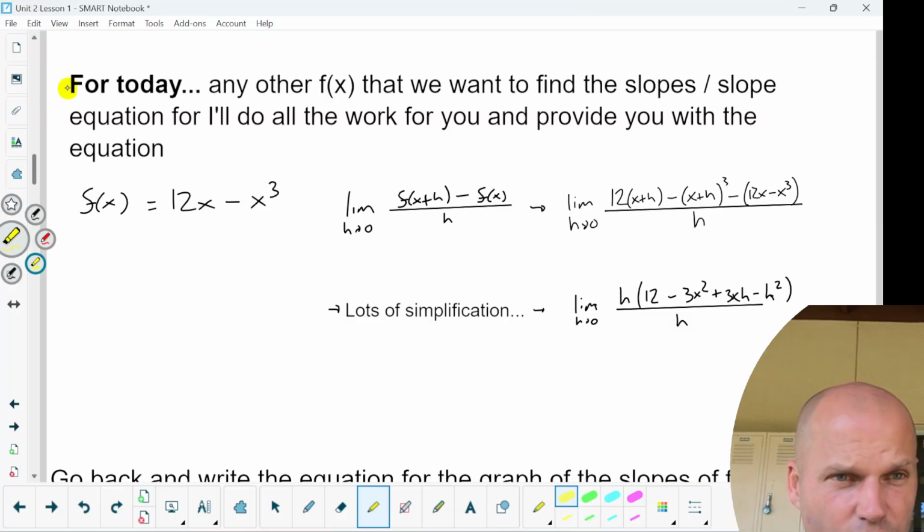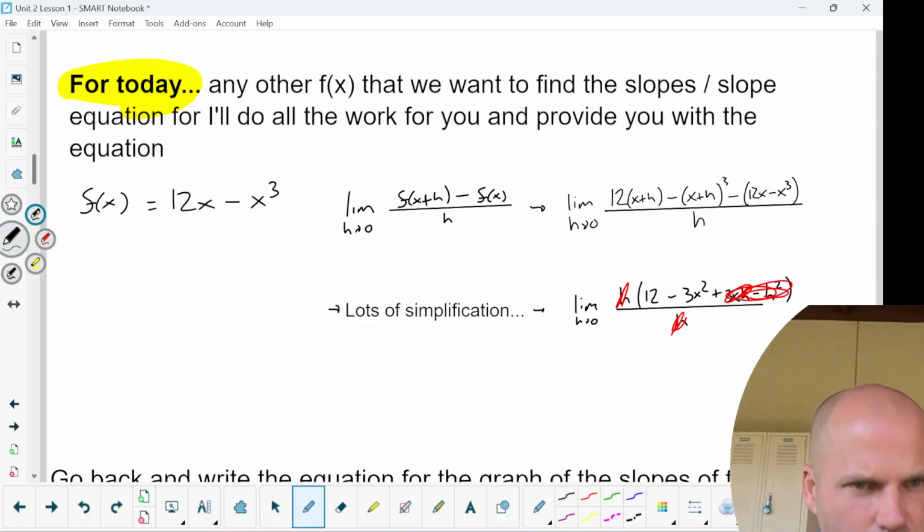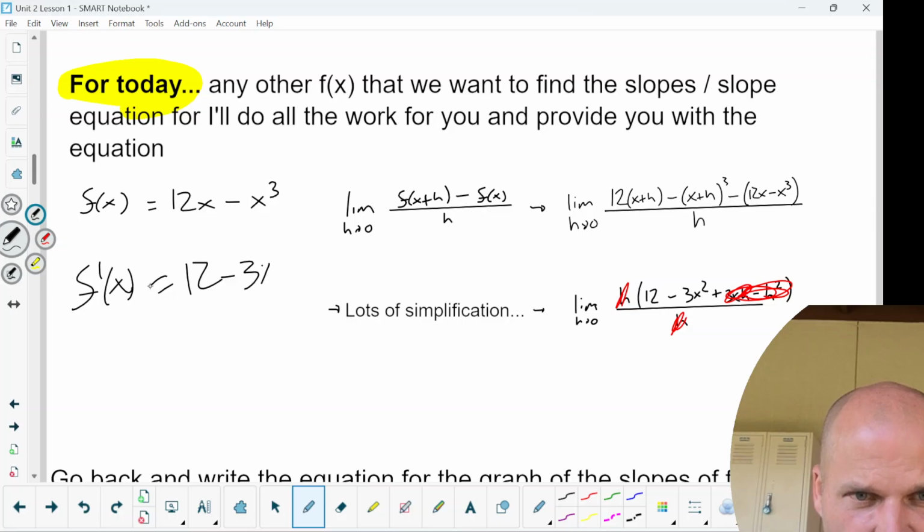Now, I'm just letting you know that for tonight's homework, any other f of x out there besides x squared, x cubed, and x to the fourth, I'm going to do the work for you. I'm just going to tell you, hey, guess what, guys? If we did all of the average rate of change formula and then we said h was 0, we would just get the slope equation, the slopes of f at just x, not x to x plus h, but just x, and the slopes are 12 minus 3x squared for this guy.